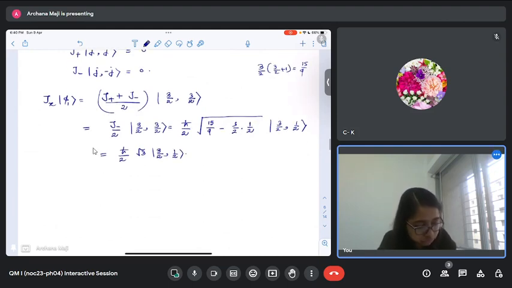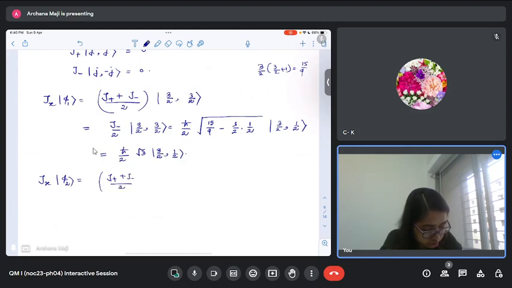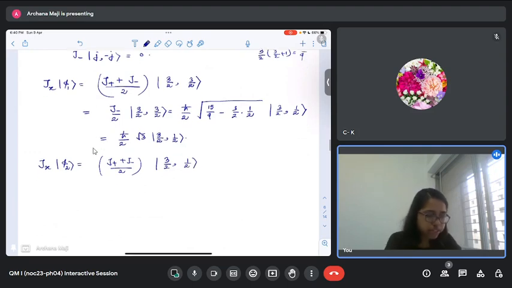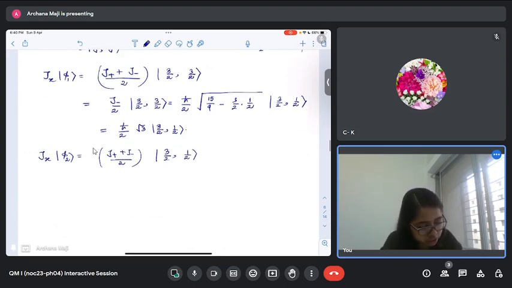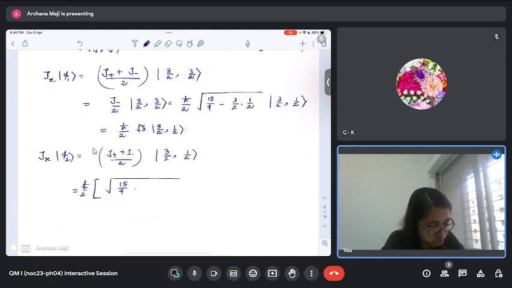Okay. Now Jx acting on phi 2, phi 2 is |3/2, 1/2⟩. So now both j plus will act on it and j minus will also act on it. So let's take half ħ/2 outside. Square root j into j plus 1 is again 15 over 4.